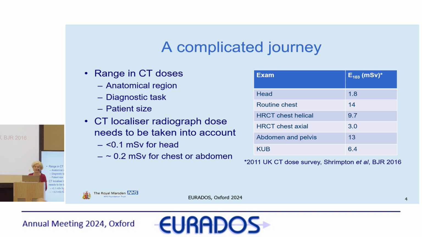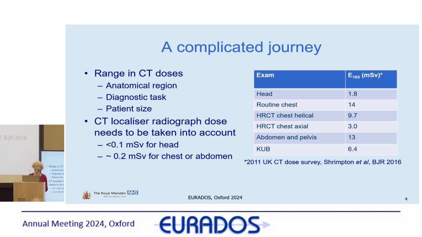radiosensitive organs are. Another factor is that for different diagnostic tasks, we need different image quality, and that means we're going to use different doses. So you can see here that for chest scans, we could have a routine scan delivering 14 millisieverts in the UK, but this could be as low as 3 millisieverts for a high-resolution CT scan of the chest using a specific technique.